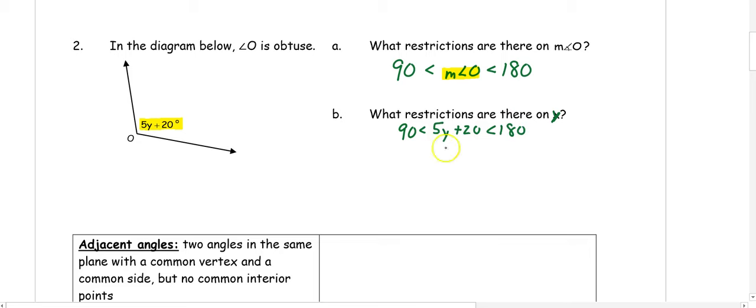So I'm going to subtract 20 from each part of my inequality. 70 is less than 5y, which is less than 160. I'm going to divide each of these by 5. So we get 14 is less than y, which is less than 32. So that means any value between 14 and 32 will make y substituted in to become an obtuse angle.